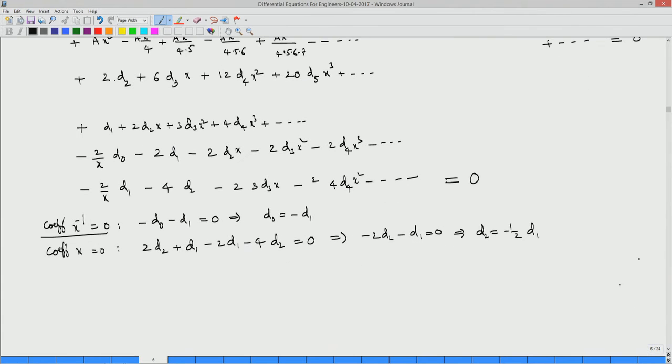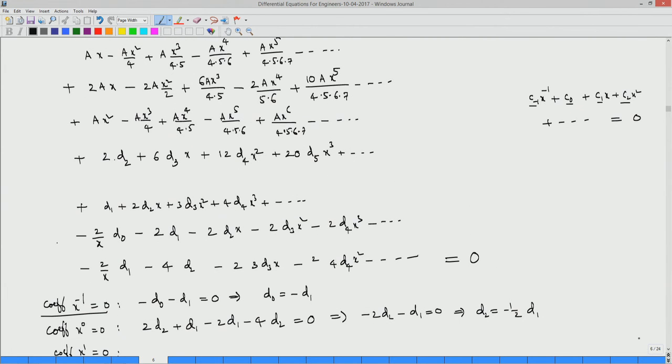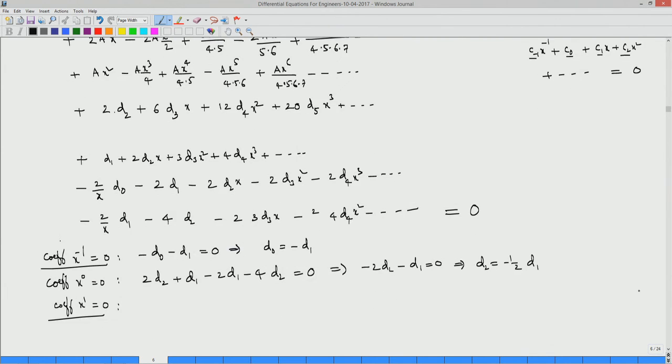Okay. And now make the coefficient of x power 1 zero, that is coefficient of x is 0. What is the coefficient of x? A plus 2a. So, first 2 will give me a plus 2a is 3a. Okay.